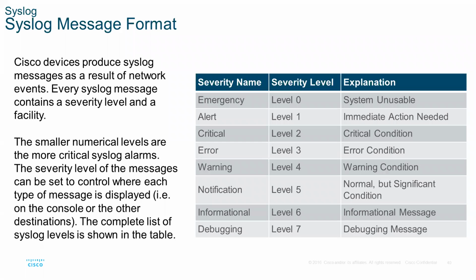Now, we have multiple levels for the trigger points. So we have emergency alerts, critical errors, warning notifications, debugging. Okay, so the lower the level, the greater the importance.